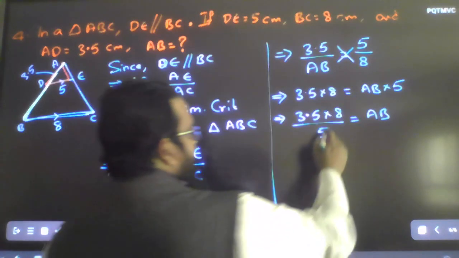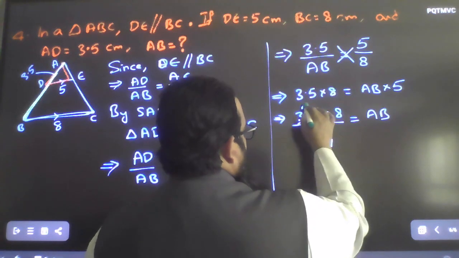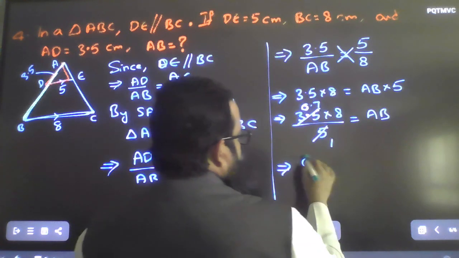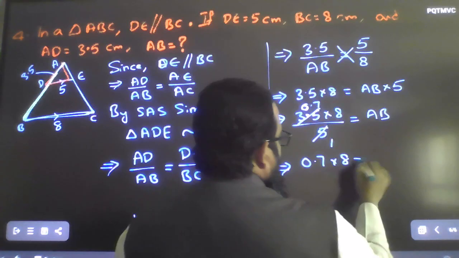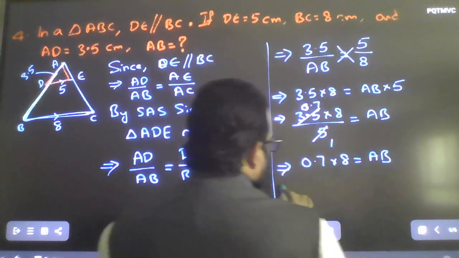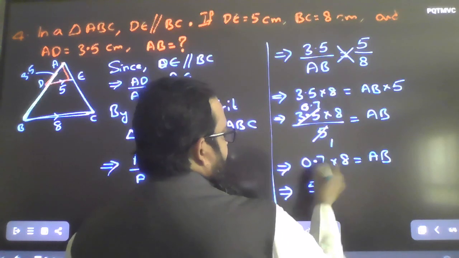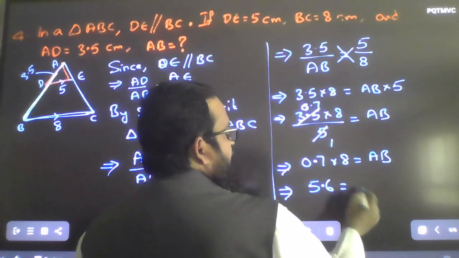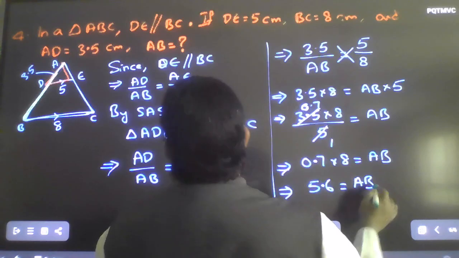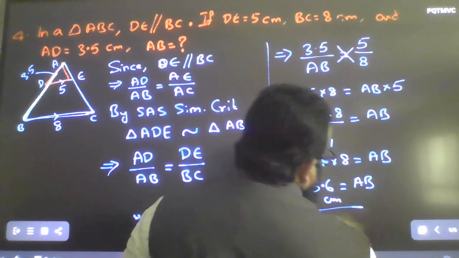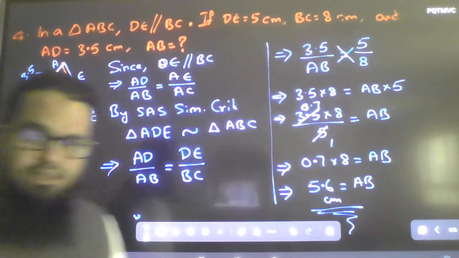So that will be 0.7 times 8 is equal to AB. 7 eights are 56, and you have one decimal digit, so keep it. 5.6 is equal to AB. Is it given in centimeters? Yes. So AB is equal to 5.6 centimeters.